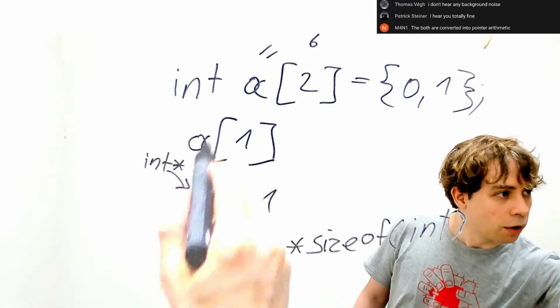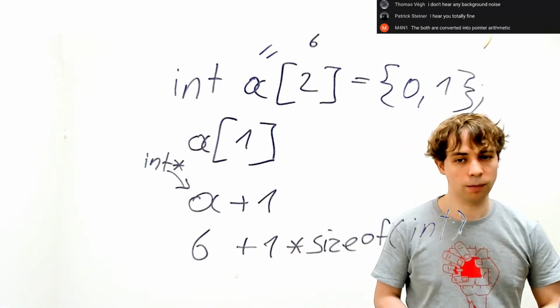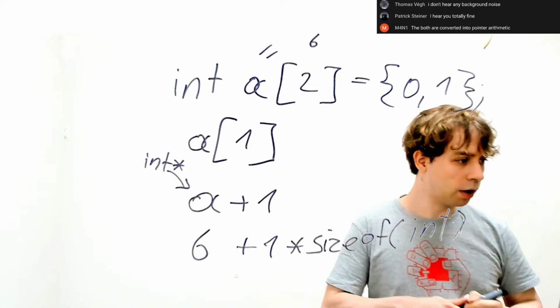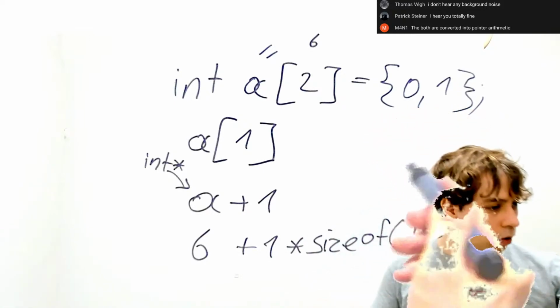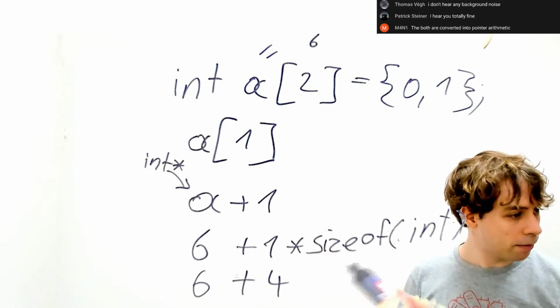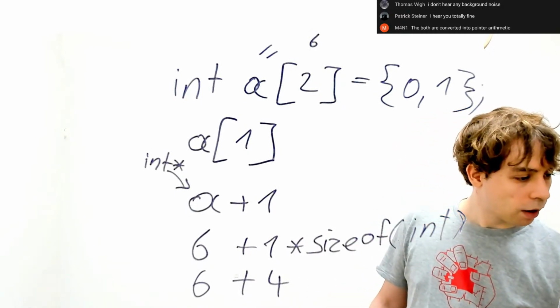And A is now inserted here, so it's 6 plus 1 times size of int. So this is 6 plus 4, because it's 1 times 4, so it's 6 plus 4 equals 10.